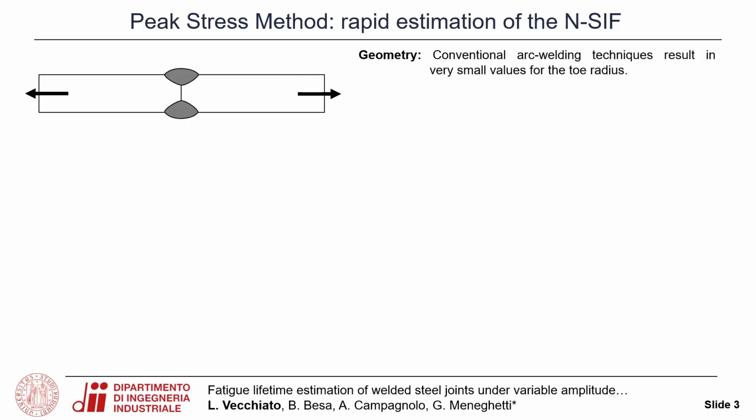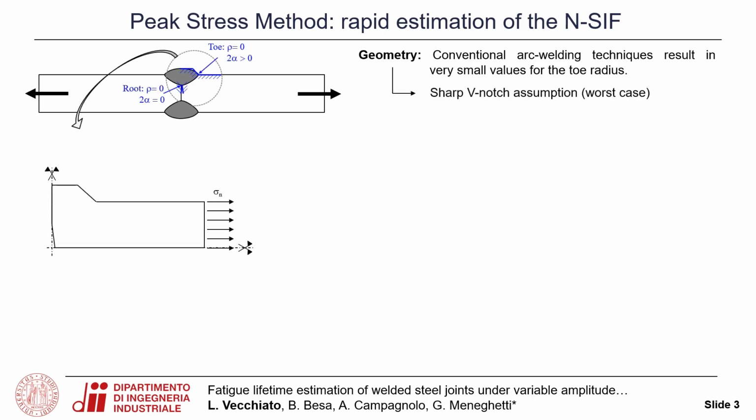Criteria based on local quantities are considered reliable methods for fatigue assessment of welded structures. According to the observation that the conventional arc welding techniques result in very small values of the weld toe radius, the worst case geometry is assumed for the weld toe and for the weld root. Such hypothesis consists in modeling them as sharp V-notches.